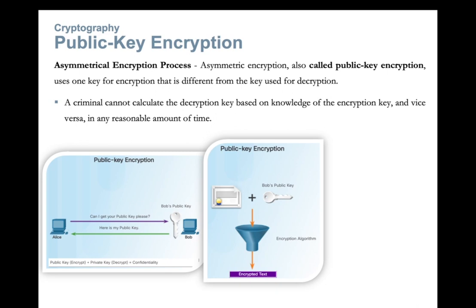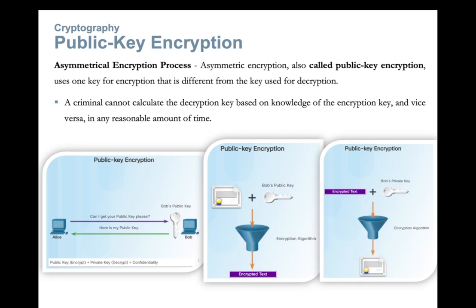Alice uses Bob's public key to encrypt a message using an agreed upon algorithm. Alice sends that encrypted message to Bob, and Bob then uses his private key to decrypt the message. As shown in this figure, Bob's private key is used for it. So this is the general concept of the public key.